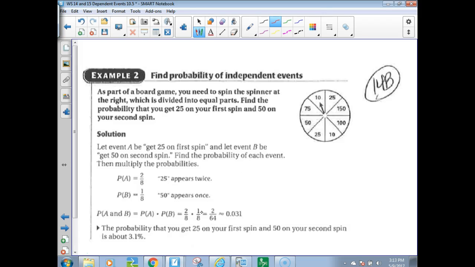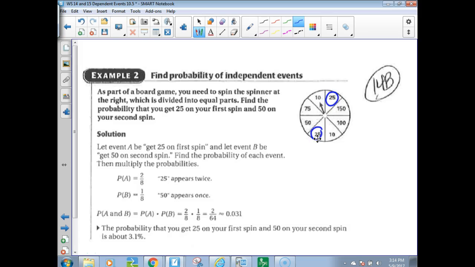Now, this is explained here somewhat, but I want to go through it with you and show you where they got these answers. So if you saw this spinner, it says, find the probability that you get a 25 on your first spin and a 50 on your second. You would have to look at the spinner and see that there are 25s on it, and there are 8 separate slots.